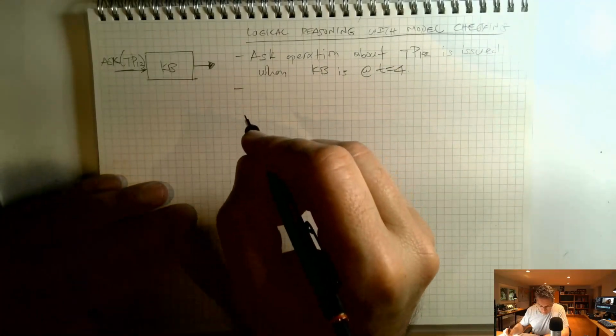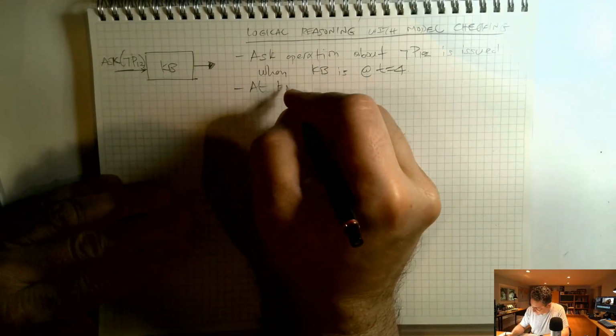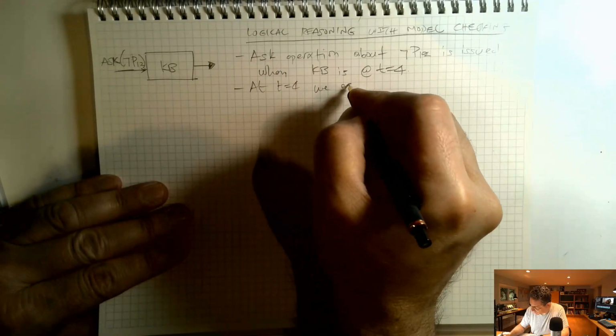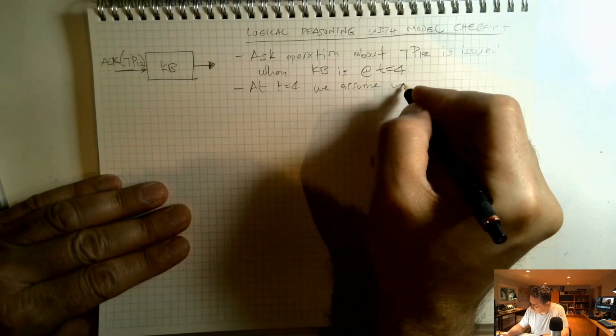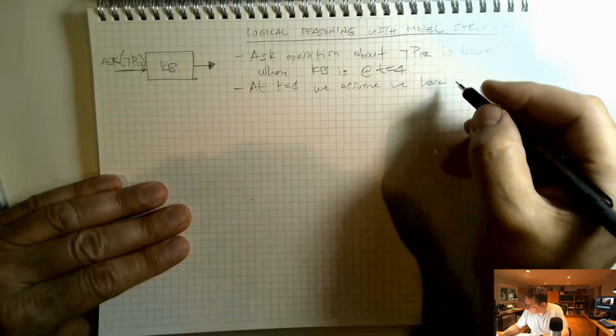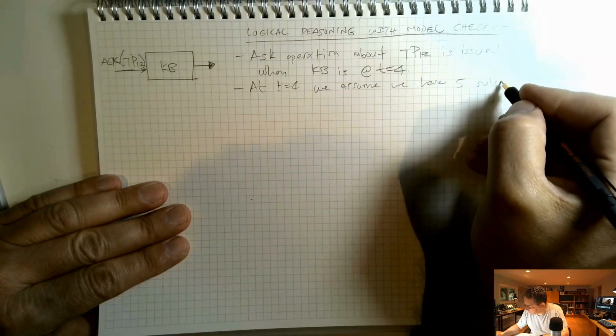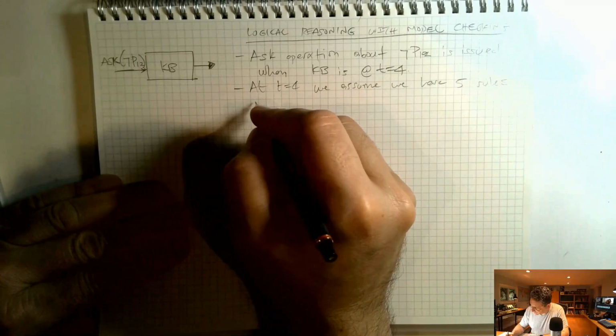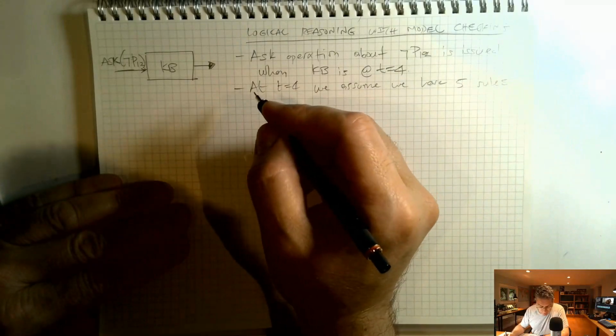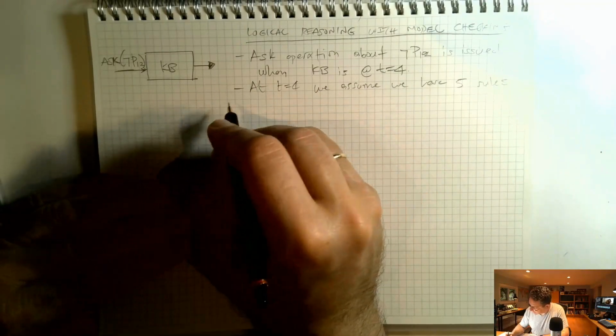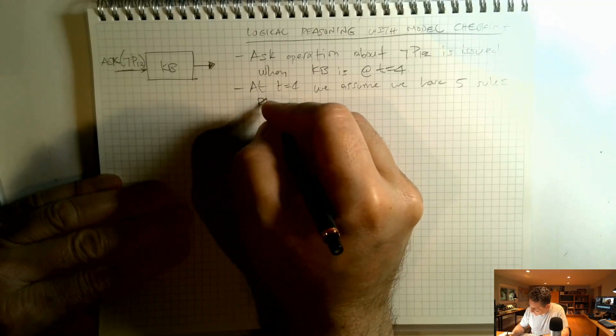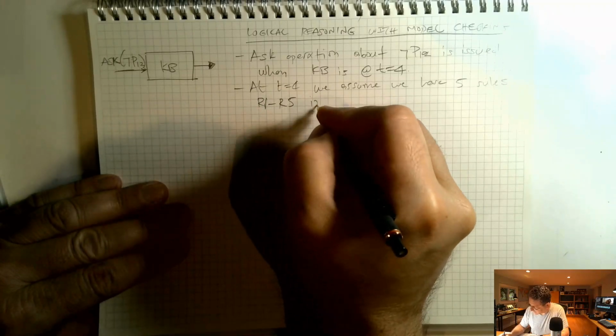At this moment in time, at t equal to 4, we assume we have 5 rules, let's say 5 sentences, R1 to R5, in the knowledge base.